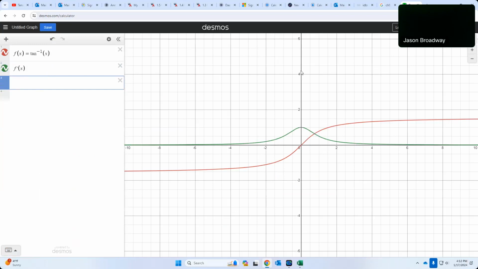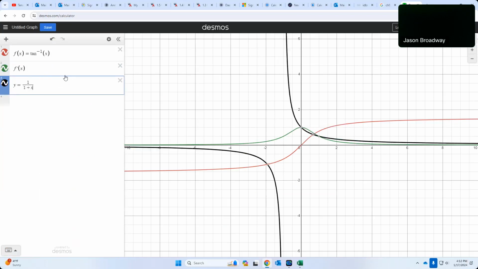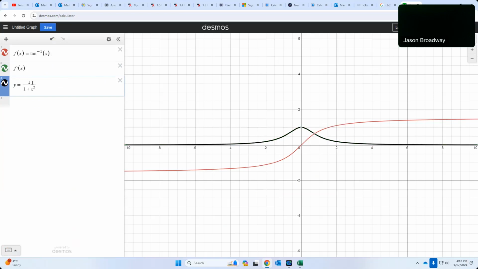So the green gives you the slopes. If you want to know what that function is, by the way, it's y equals 1 over x squared plus 1. I'm not justifying why it's true. That needs justification, but more on that later.